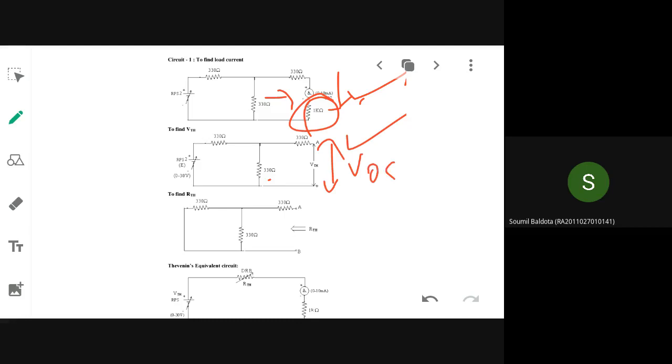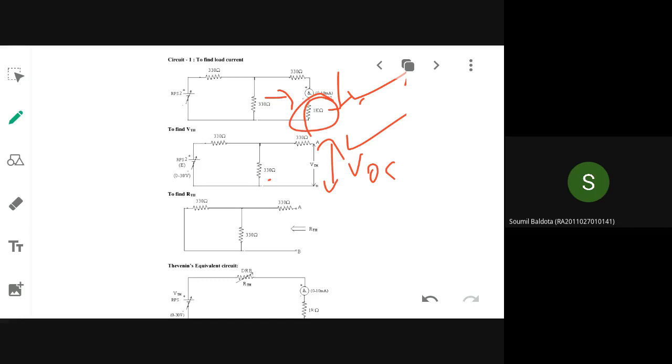Ma'am, from where can we get this PPT? This is not a PPT. This is a manual copy, already uploaded in your GCR. The entire lab record I have uploaded in GCR.